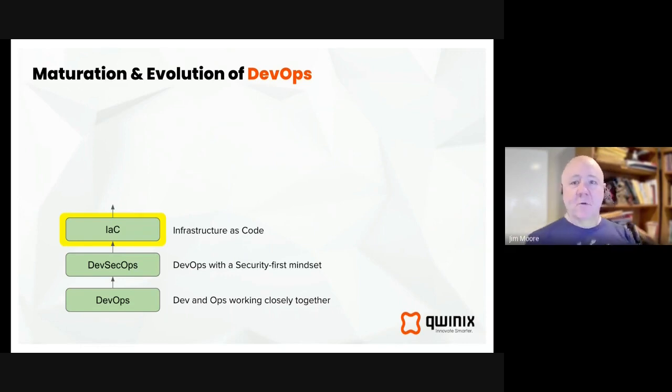The next, of course, being infrastructure as code. Where you start, and this goes back to everything from, like Puppet and Ansible to the shell scripts and the rest that sysadmins have always used for keeping their systems up to date. PowerShell for Windows things, though PowerShell is relatively recent.